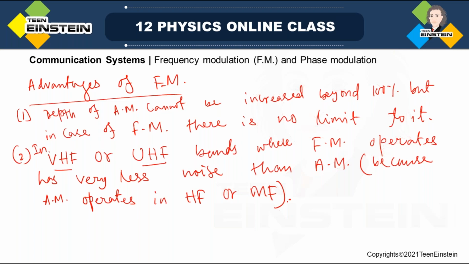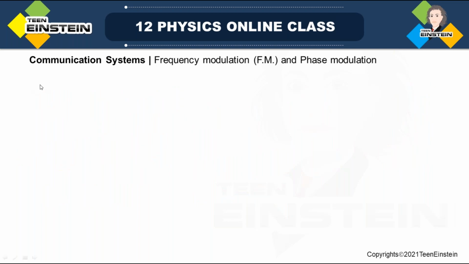Actually, a high fidelity reception will be achieved in FM because of the presence of a large number of sidebands. So these are a few advantages, but there are disadvantages also. Disadvantages, let me write disadvantages.